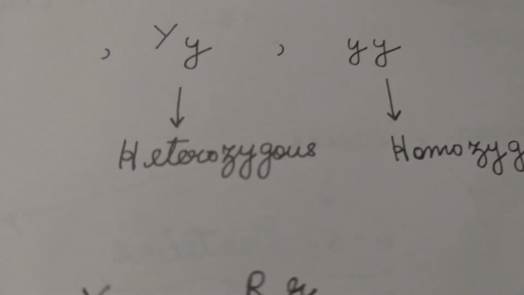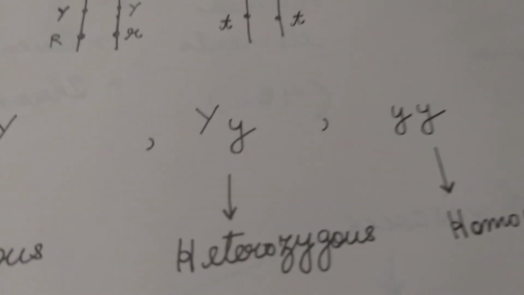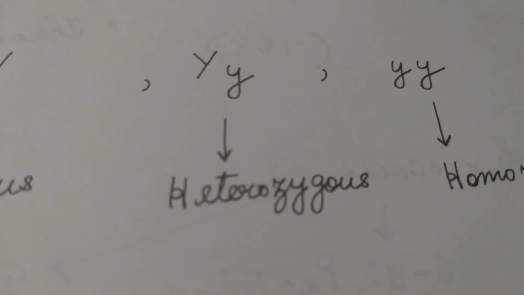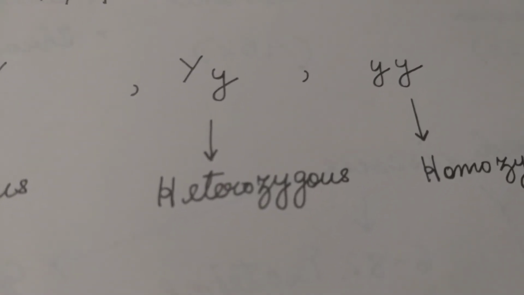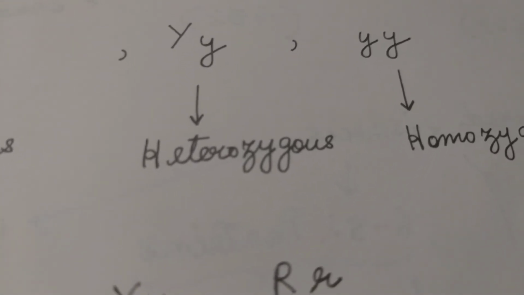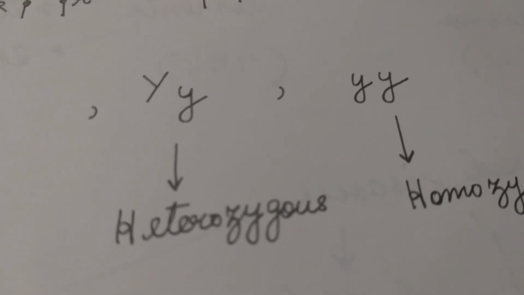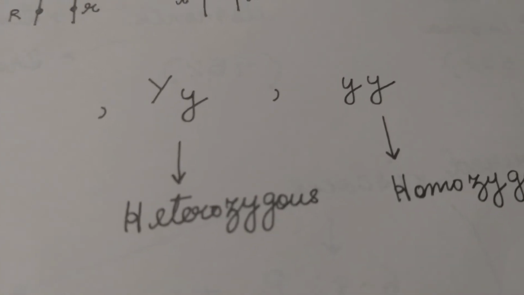What about the hybrids or heterozygous individual, represented by two different alleles? The dominant allele will be expressed. Capital Y will be expressed. Heterozygous or hybrid individual expresses the dominant trait. So capital Y, small y, this is a garden pea plant which has yellow seed.